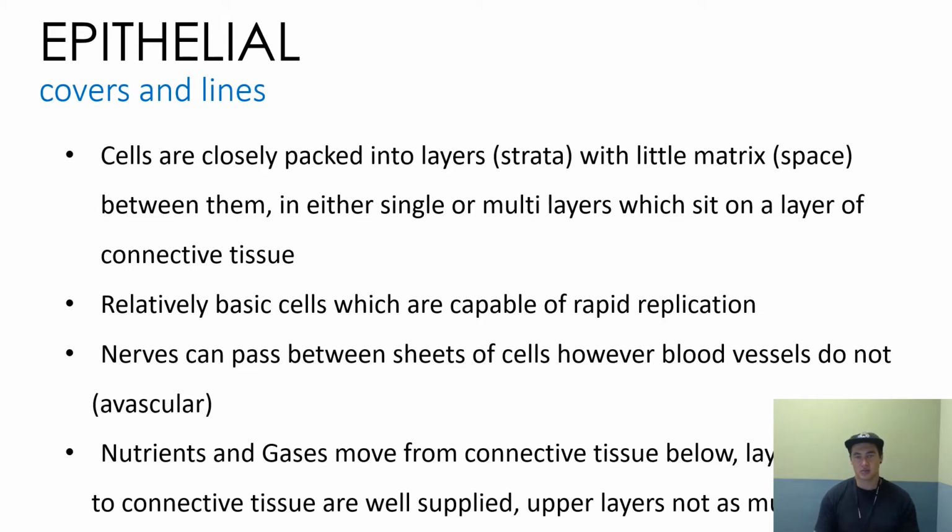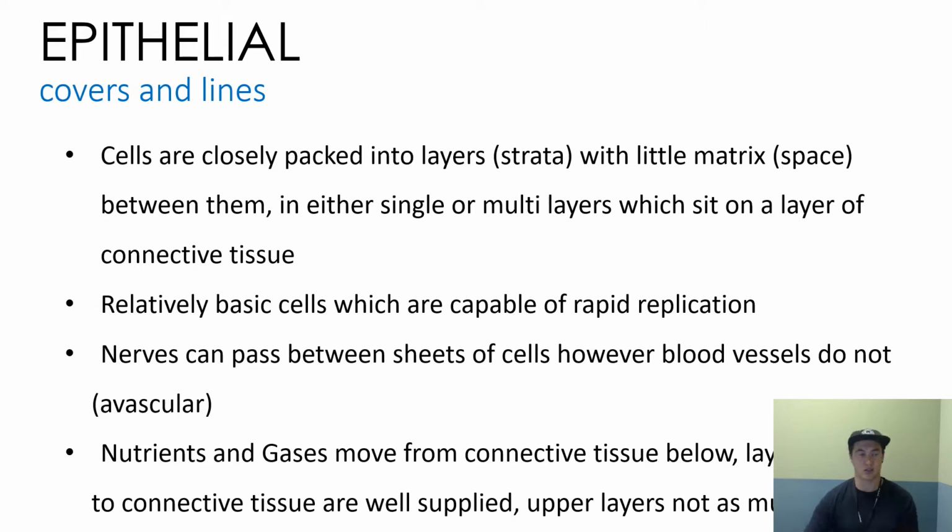The word matrix means the space in between the cells and what that space is made up of. So epithelial tissue is closely packed layers of cells with not a lot of space in between those cells. They can be either single layered or multi-layer, and generally those multi-layers will sit on top of a type of connective tissue.